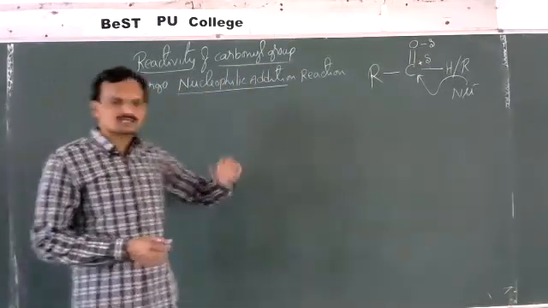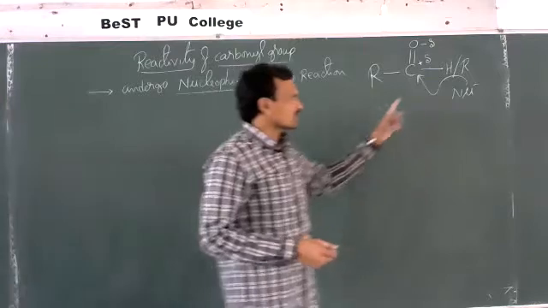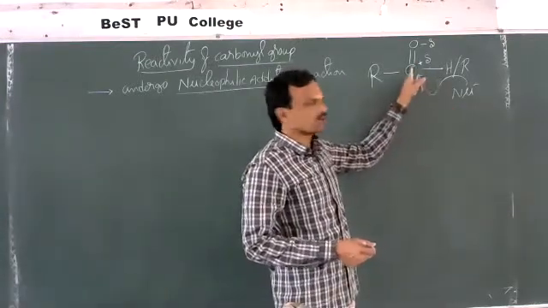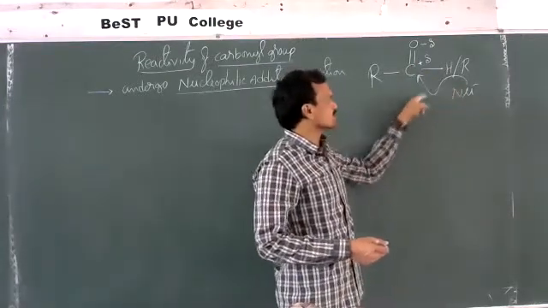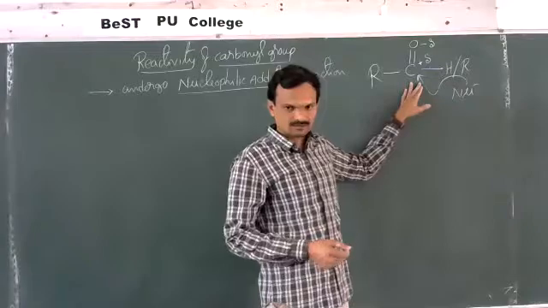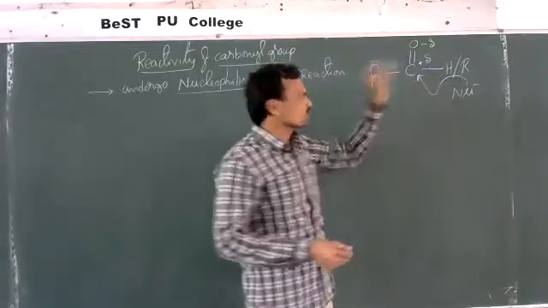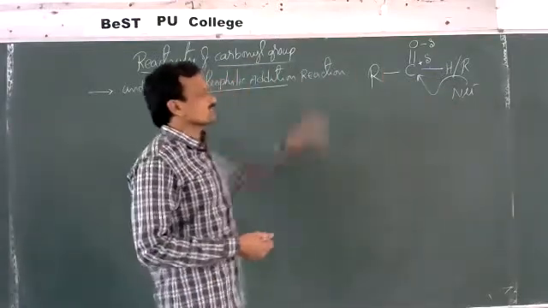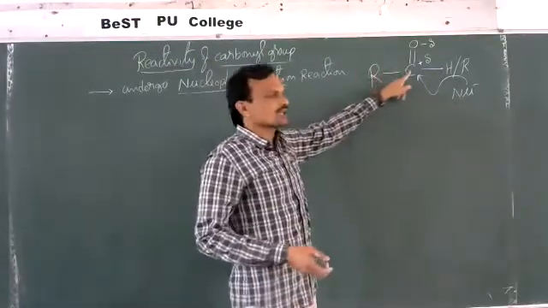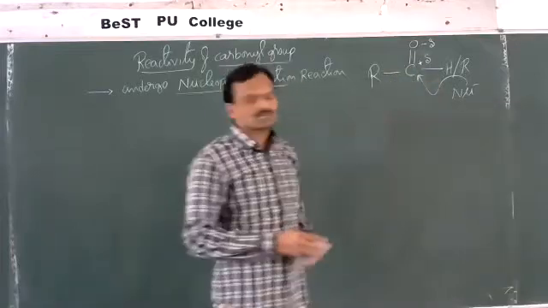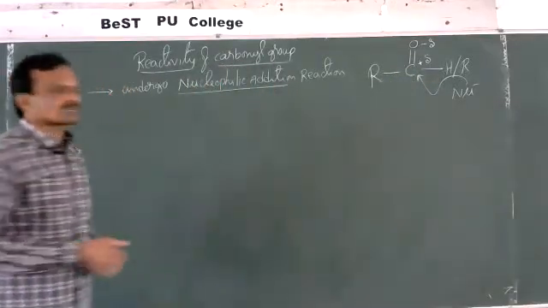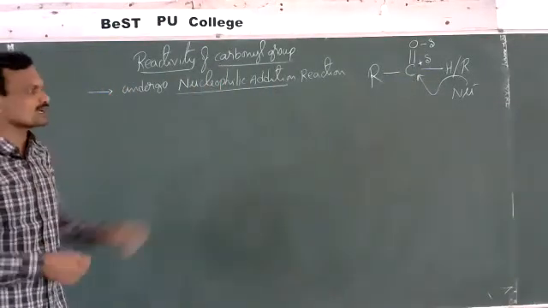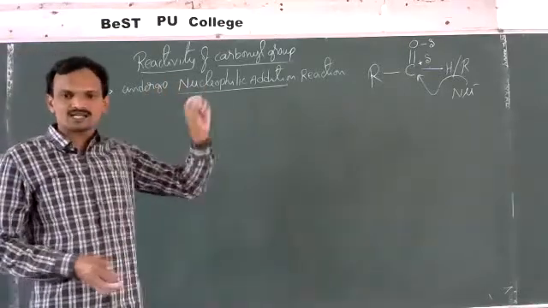If steric hindrance is more, the reactivity of this carbonyl compound towards nucleophilic attack is difficult. So two factors are there. One is the extent of partial positive charge and one more is steric hindrance. The extent of partial positive charge depends on the electron releasing effect, that is, the inductive effect.